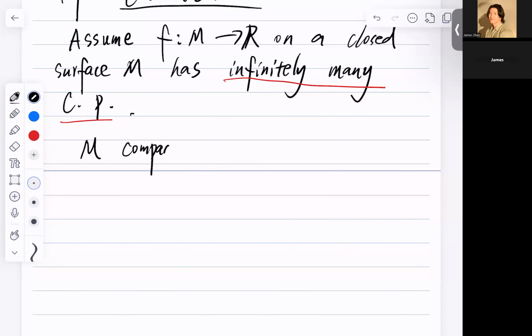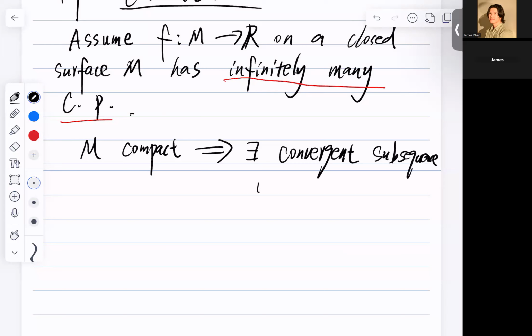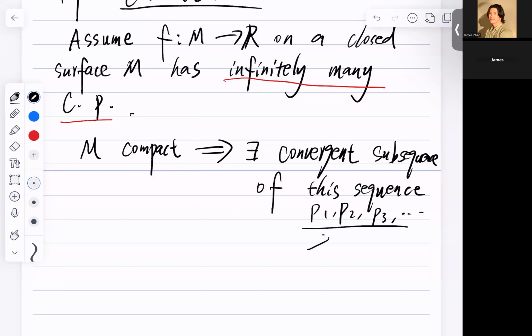We've proved this already. So this implies that there exists a convergent subsequence of this sequence that we propose: P1, P2, P3. Those points are our critical points.